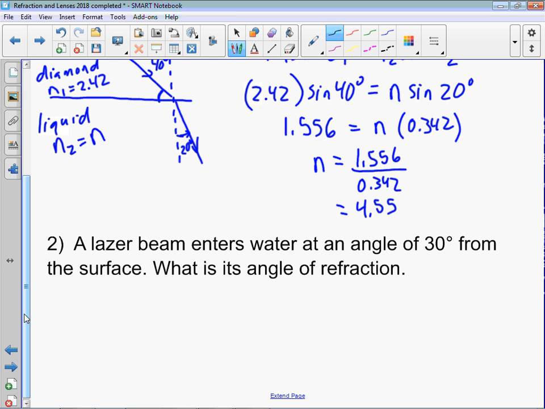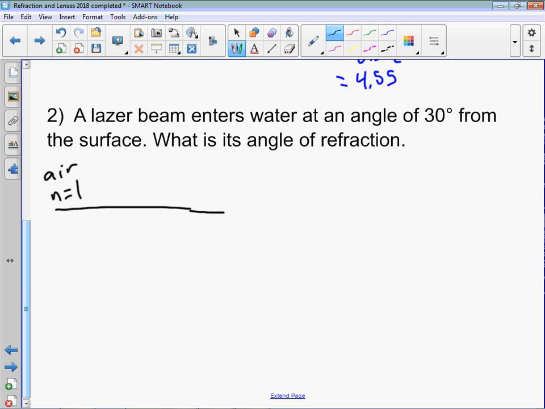So it's entering water, it's probably entering water from the air. So let's say we've got air here, where n equals 1. Again, that's the only index of refraction that I would say that you should know. And then we have water here, and n equals 1.33, and again, you can look that up.